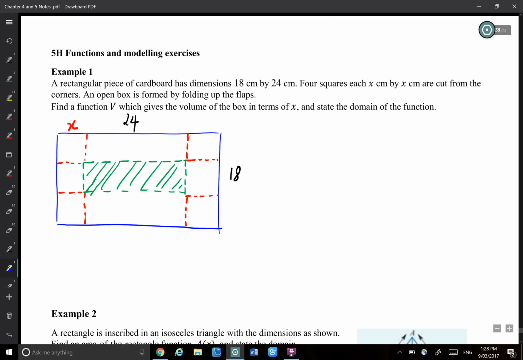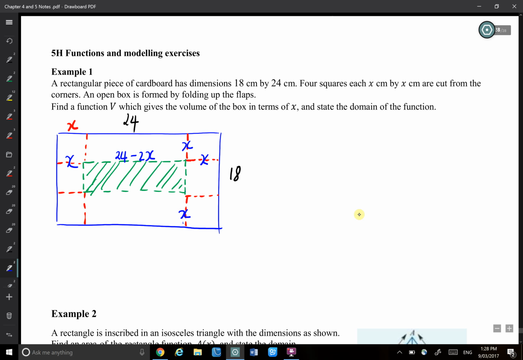So find a function that gives the volume of the box in terms of x. Here's 24. Then here will be 24 as well. This part is x. This part is x. Then this length will be 24 minus 2x. Here is 18. Here is x. Here is x.